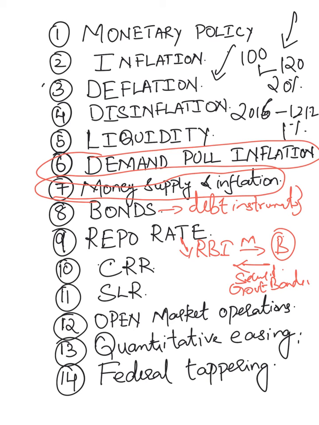A simple example would be, if 100 rupees is borrowed by banks from RBI for a period of 11 days, that is, 100 rupees worth bonds have been pledged by the bank with RBI. After 11 days, banks are going to repurchase these bonds at 106 rupees.